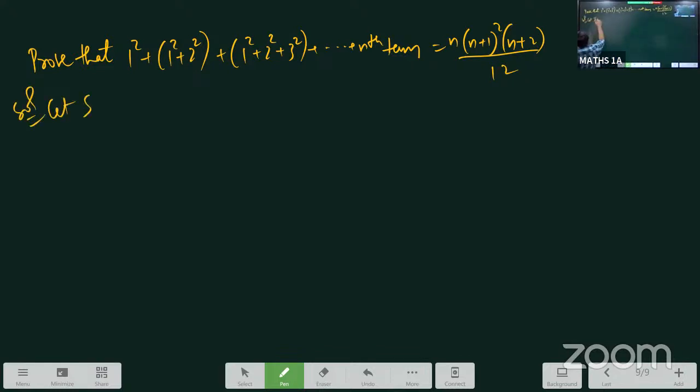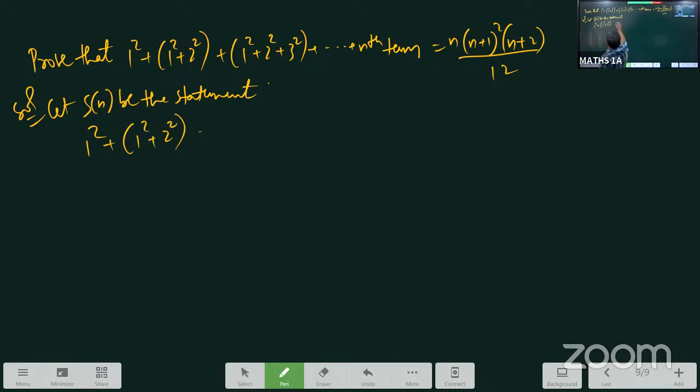So let S of n be the statement. What is that statement? 1 square, first term this is. 1 square plus 2 square, second term. 1 square plus 2 square plus 3 square plus so on up to n terms.